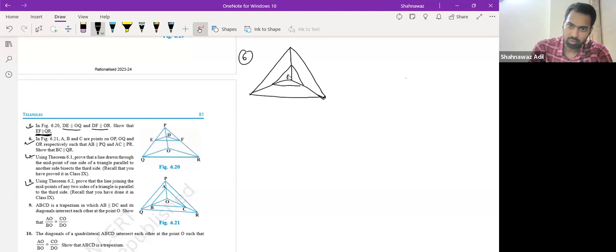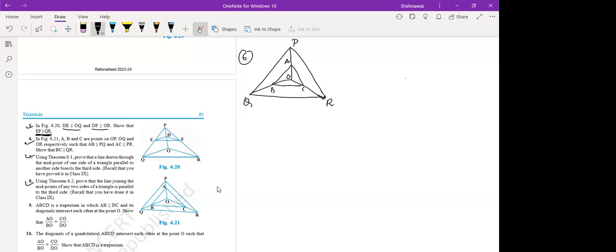This is point O, this is A, B, C. What do we need to prove? In the figure, A, B, C are points on OP, OQ, OR respectively. Show that BC is parallel to QR.